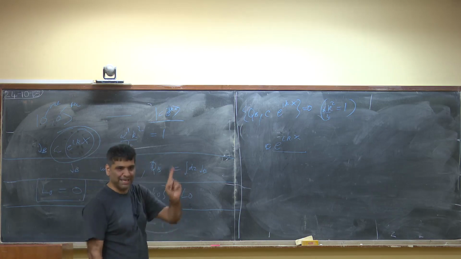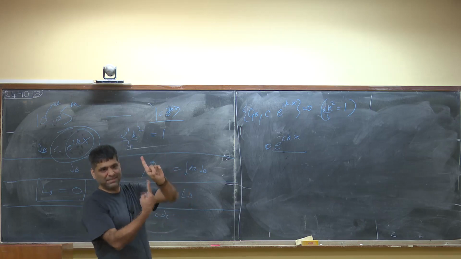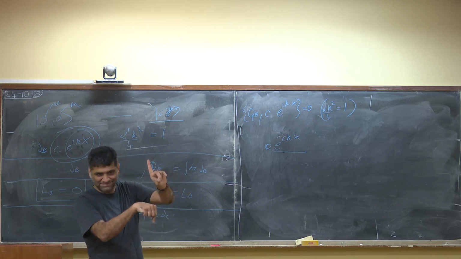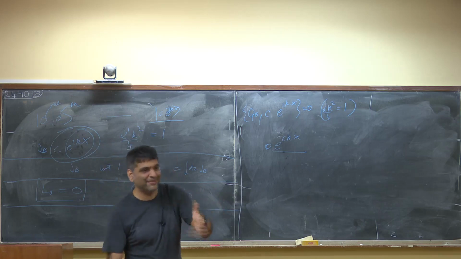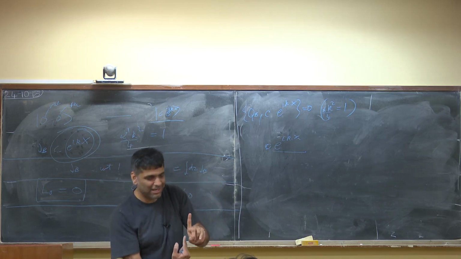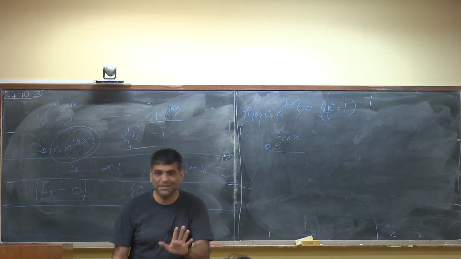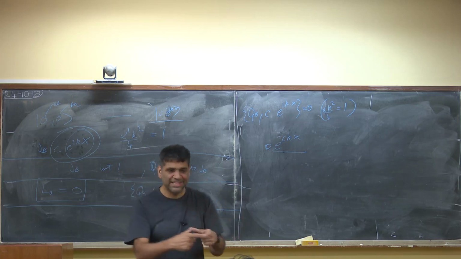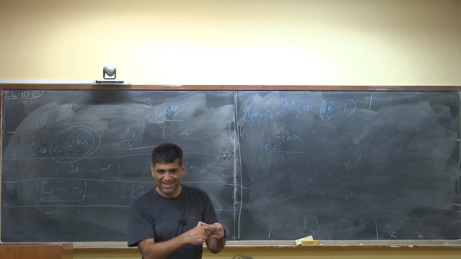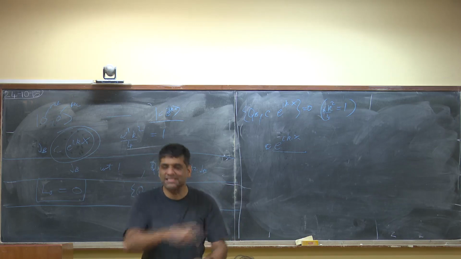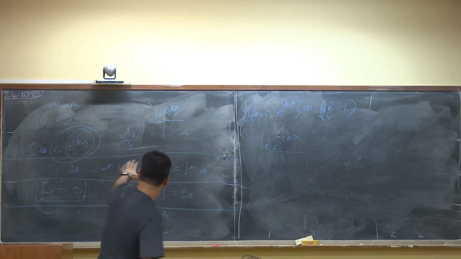This is simpler to see in state language. There are two states, up and down, with energy -1. I hesitate to use the word energy because when you move to the cylinder, the energy gets renormalized. So it's just the eigenvalue of L0 under radial quantization. That's why I'm using this operator language.